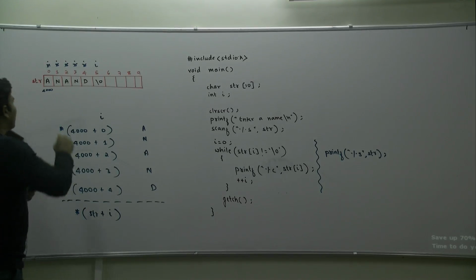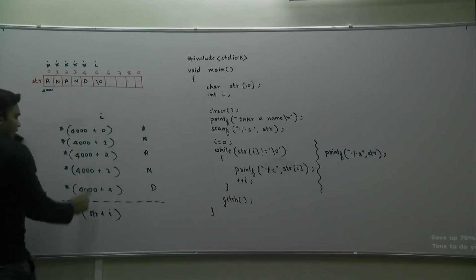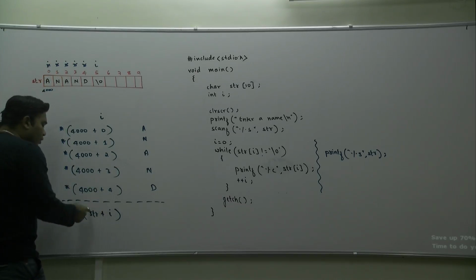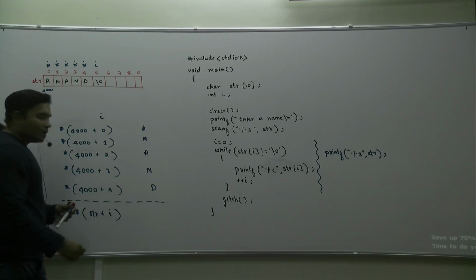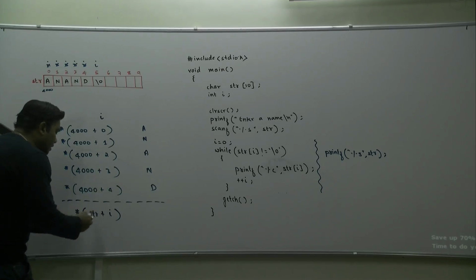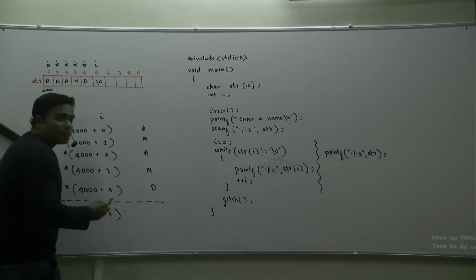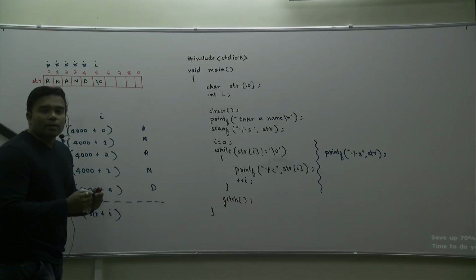So str is the base address. When I is 0, it becomes 4000 plus 0's content. Next, when I becomes 1, 4000 plus 1's content. When I becomes 2, 4000 plus 2's star. Star means penetrate and get the content. Saying star of str plus I each time would be difficult for programmers.